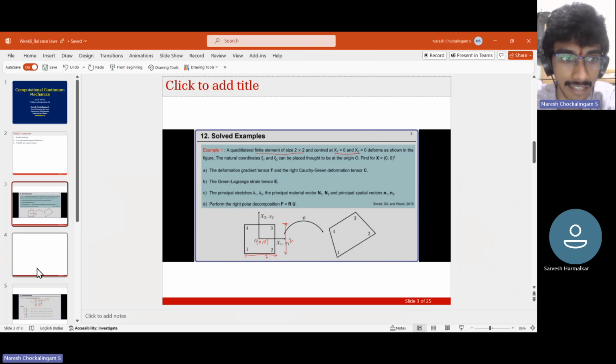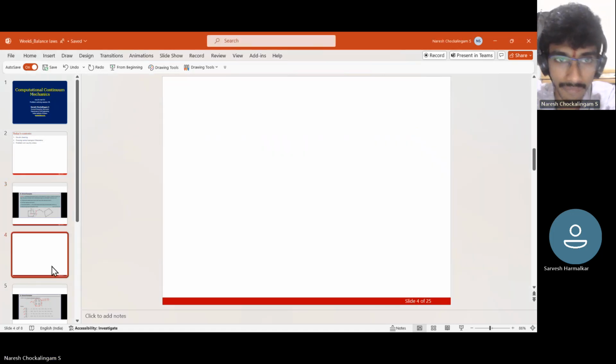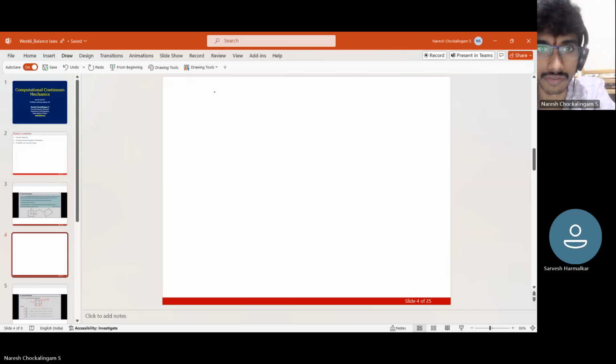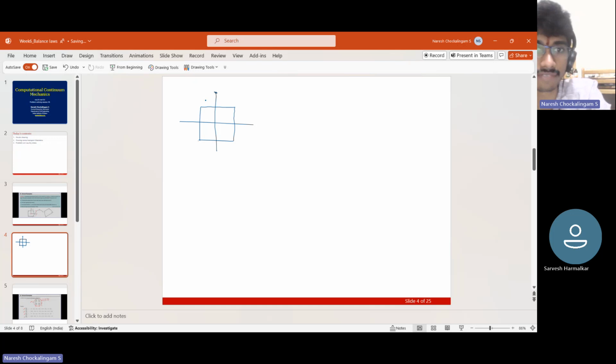So let's sketch it. You have a quadrilateral element. It's of size 2. So this is the point minus 1, 1. This is the point 1, comma 1. This is the point 1, comma minus 1. And this is the point minus 1, comma minus 1.